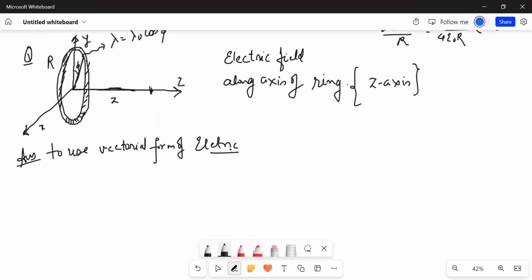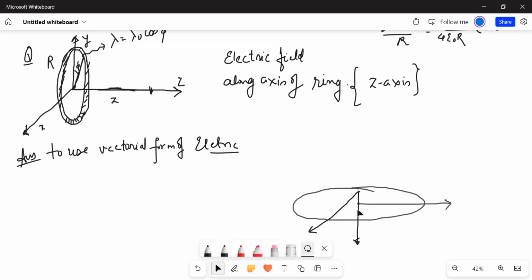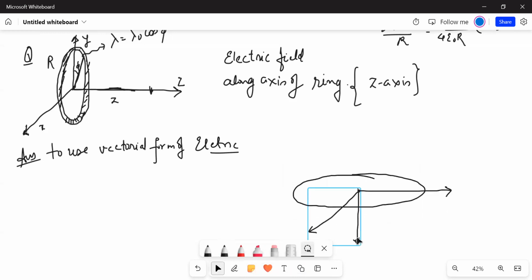Let us say the ring is actually on the xy plane only. This is z, this is the x axis, and this is simply the y axis.